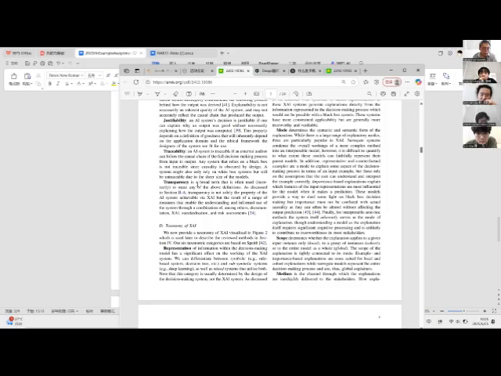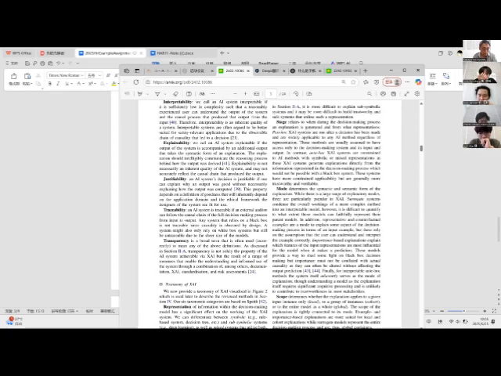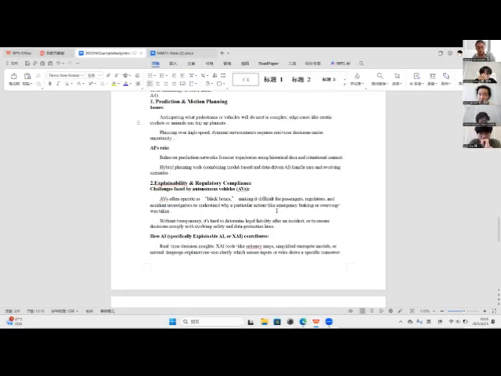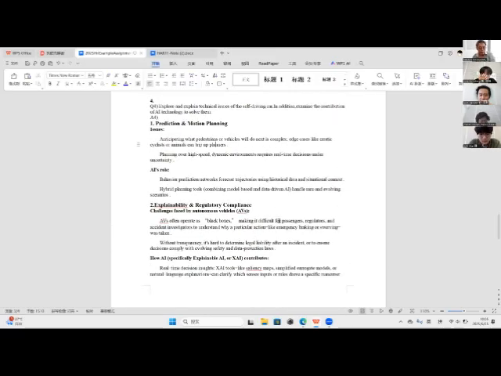And finally, transparency is a broad term that is often used to mean any of the above definitions. It is a broader point.